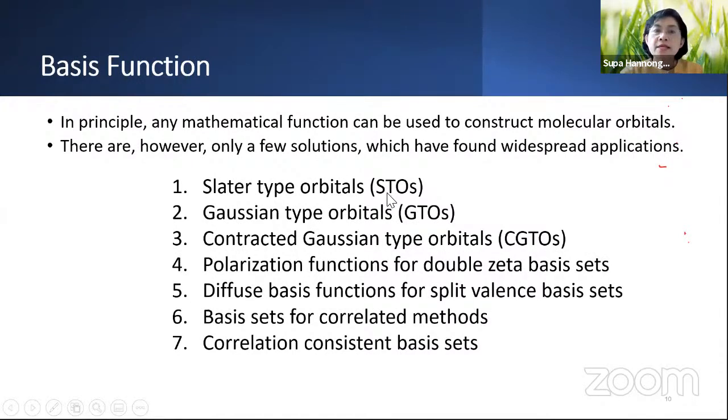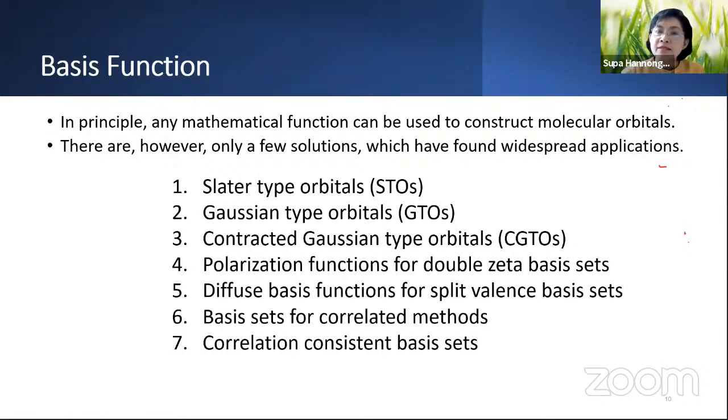Anyway, both STO and GTO somehow still have some problems and take quite a long time to solve the equation. Then the third basis function type, the contracted Gaussian type orbitals, or CGTOs in short, was introduced.